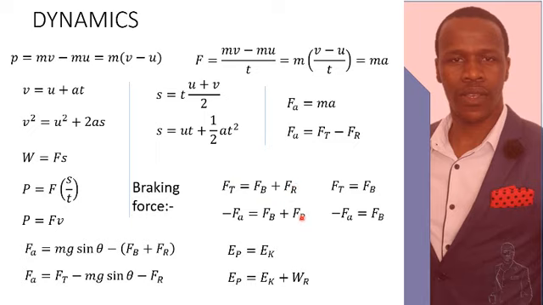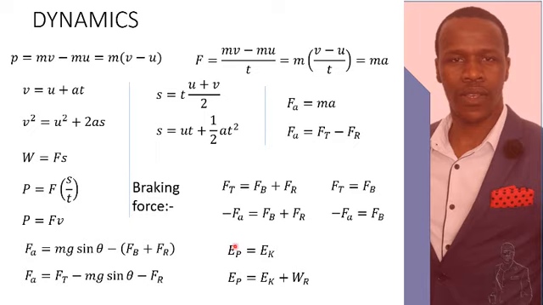If you have friction but you do not have FT, this is the formula to go with. If you do not have friction and FA, obviously this is what we will be doing. If you don't have friction and you still do not have FT, obviously this will be the one that you will be using for braking force.